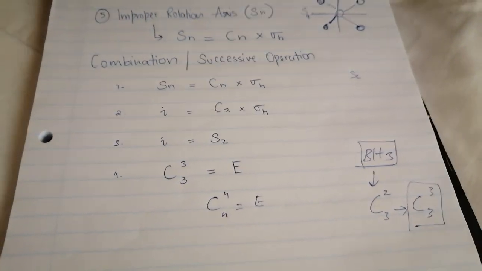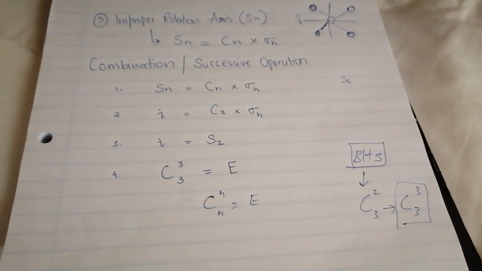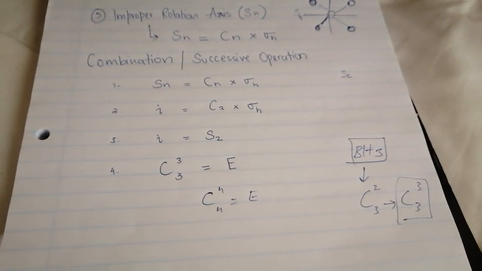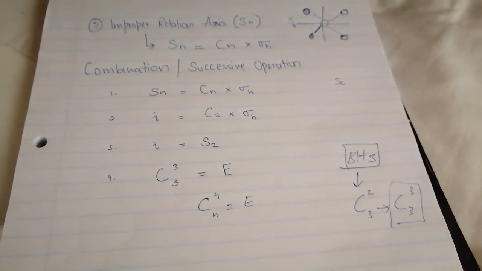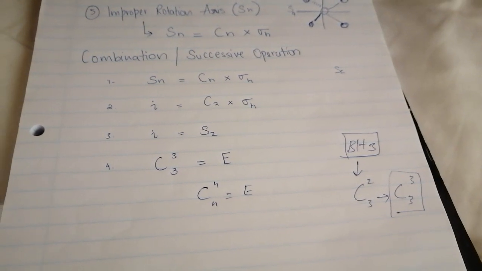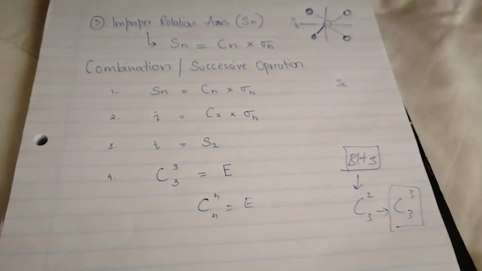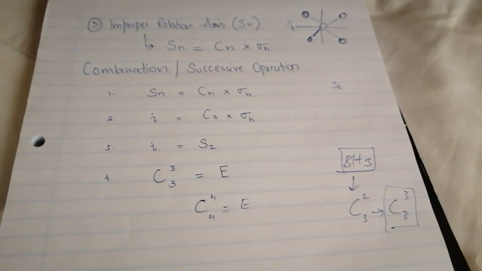Now we know all the symmetry elements: identity, which is given symbol E; proper axis, which is the rotation by 360 over n, and it is given symbol Cn. Then we looked at symmetry plane, which is reflection in the plane. It is represented with the symbol sigma.